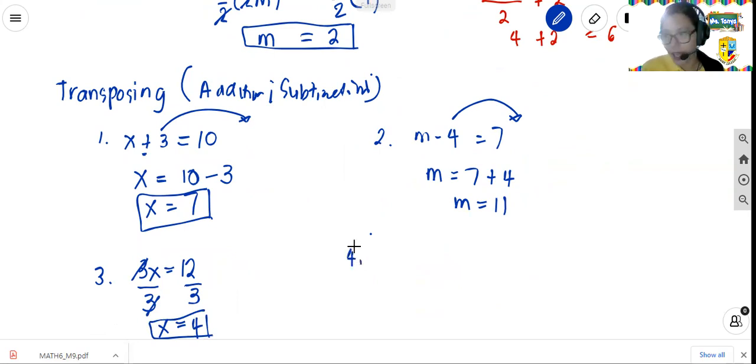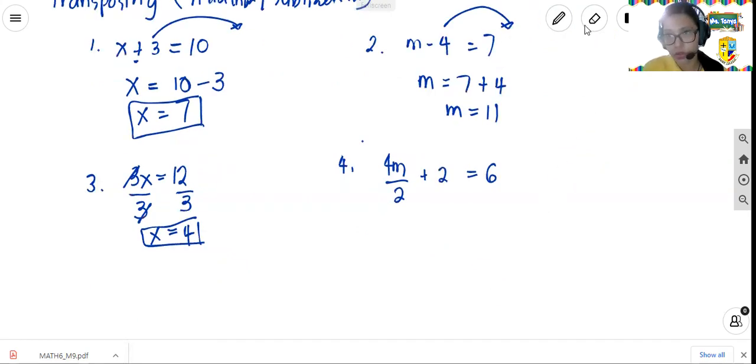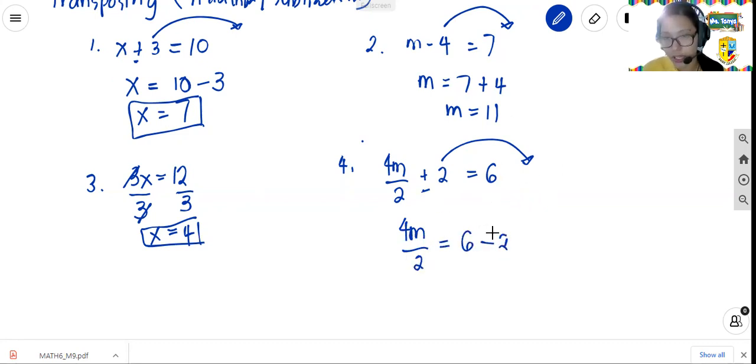If we want to apply that in the longer example, 4m over 2 plus 2 equals 6, the first thing that we need to do is to apply transposition. So transpose 2 to the right side, since there's addition here. So 4m over 2 is equal to 6 minus 2. Again, when you transpose, the sign should change.